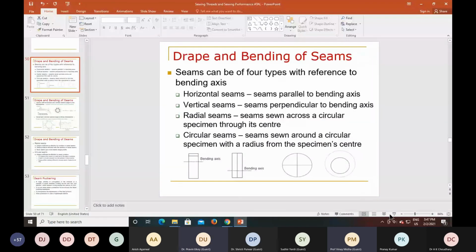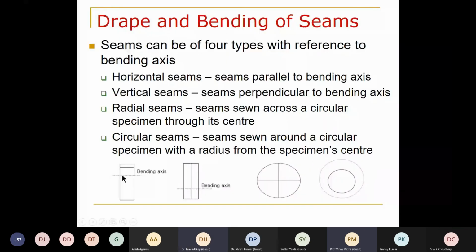If the bending is taking place in the same direction, the bending behavior will be different, and if the bending axis is different and the seam is in a different direction, the bending behavior will be different. It depends upon the application, the type of seam incorporated, and the bending axis. Even in your trousers or any particular garment, the bending behavior at the seam will be different from the fabric.